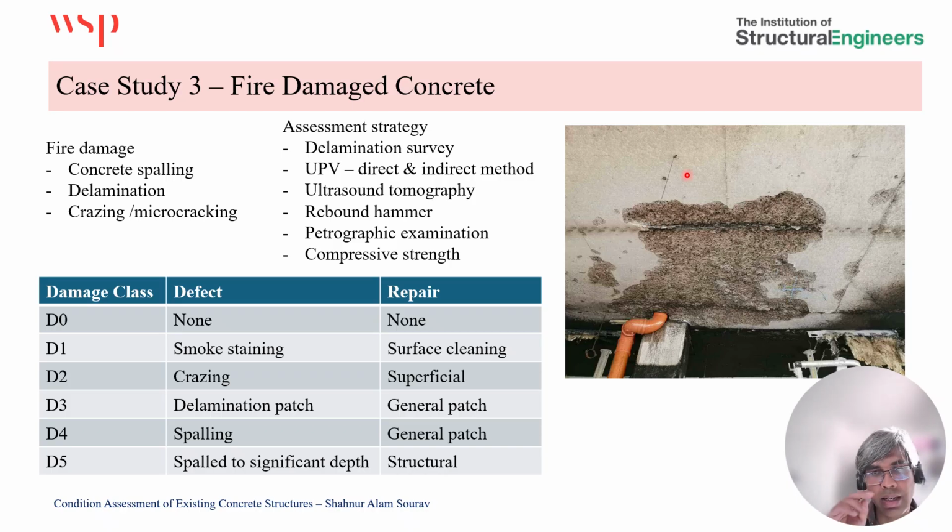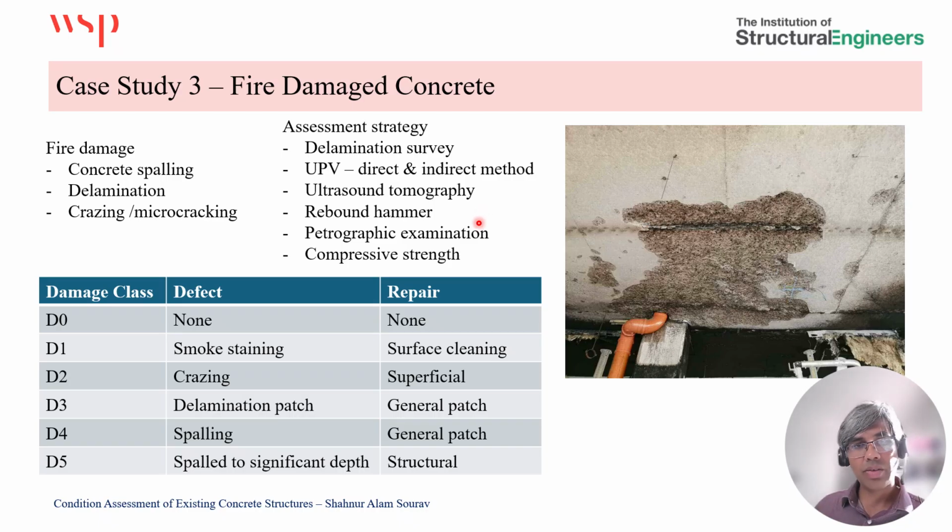In this particular case, we had to use several techniques to determine how much of the concrete slab was affected. We conducted a delamination survey. We conducted ultrasonic pulse velocity, both direct and indirect methods. We conducted ultrasound tomography.